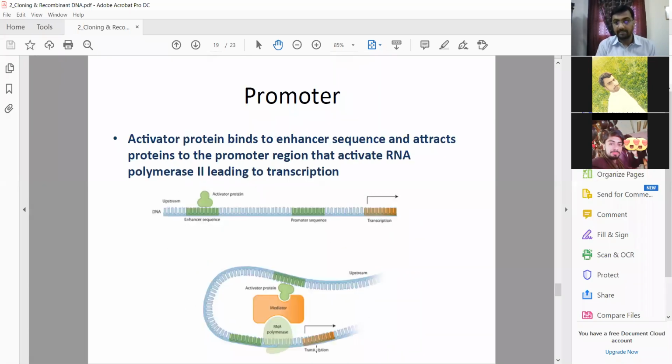Just have a look here: these are the enhancer sequences, this is the promoter sequence and this is the transcription site. The RNA polymerase attaches here, and along with the different mediators and activator proteins attached to the different enhancers, the TATA and CAT boxes which we discussed earlier, it would recognize this transcription initiation site and start transcription from here. So the promoter is the one which helps in recognition and starting of the transcription.